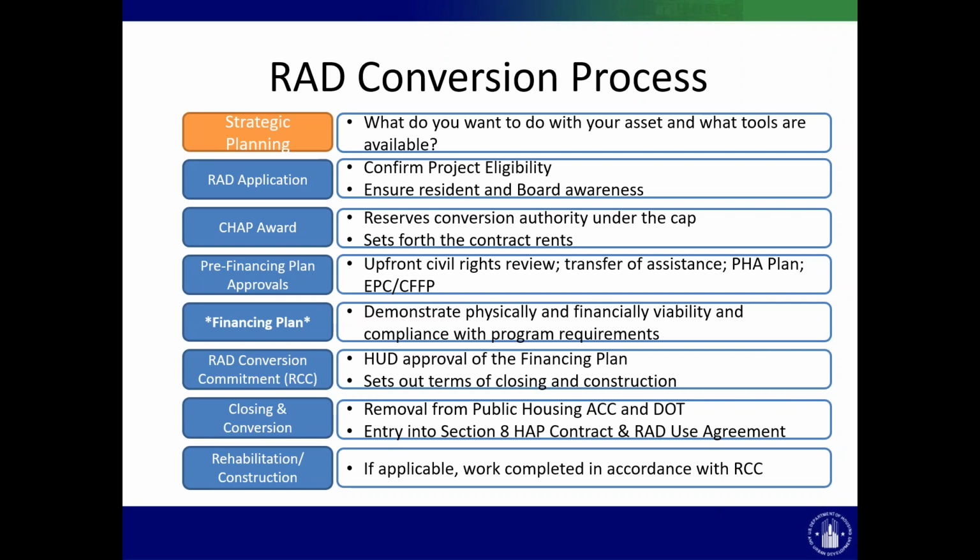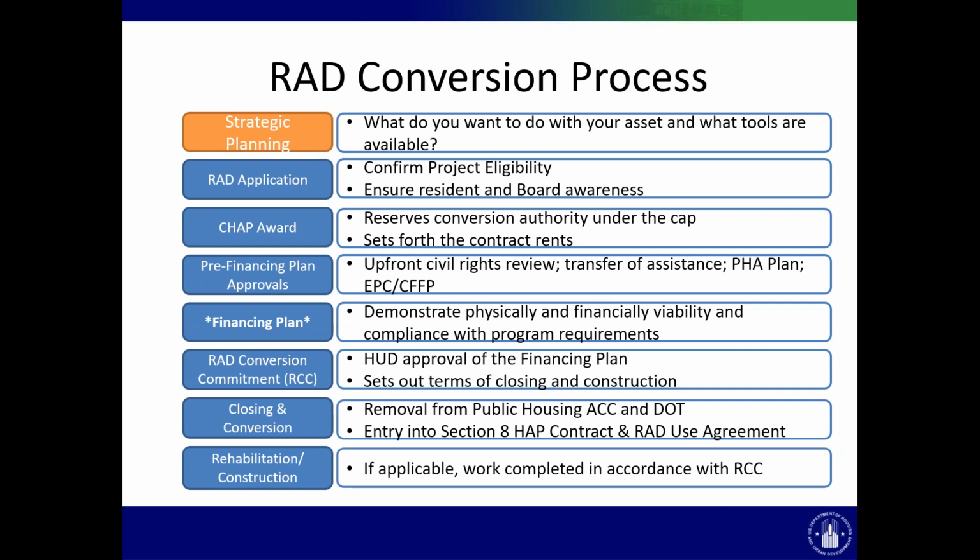HUD takes 60 to 90 days to review that financing plan, and if it is found that the project is physically and financially viable and the conversion will comply with all program requirements, HUD issues a RAD conversion commitment, which approves the financing plan and sets out the terms of closing as well as of construction, the agreed-to scope of work that the PHA will take on if necessary to repair any capital needs identified.